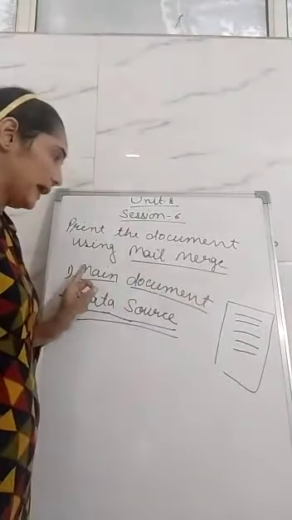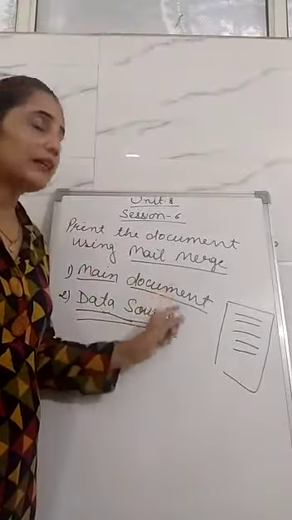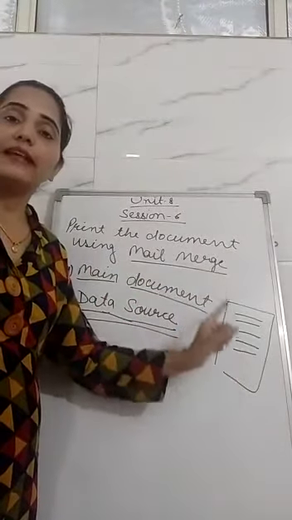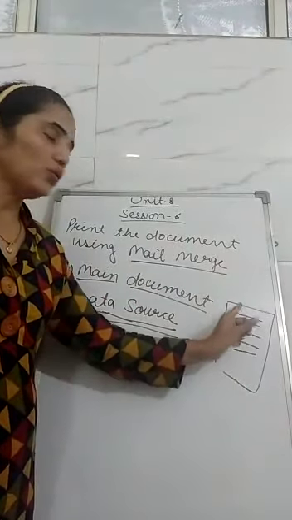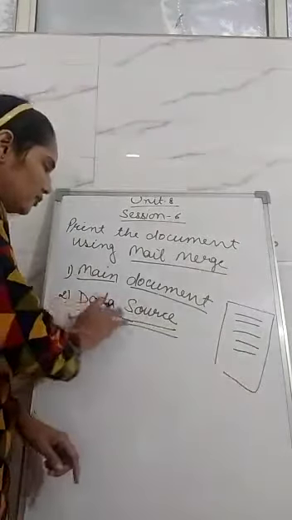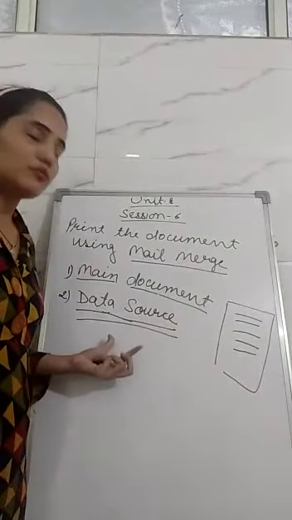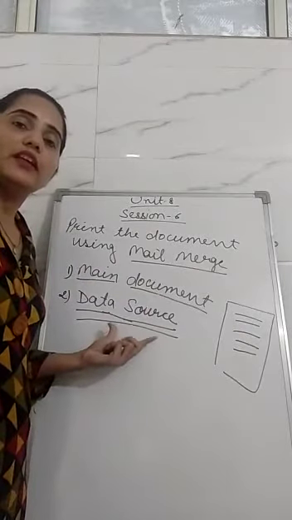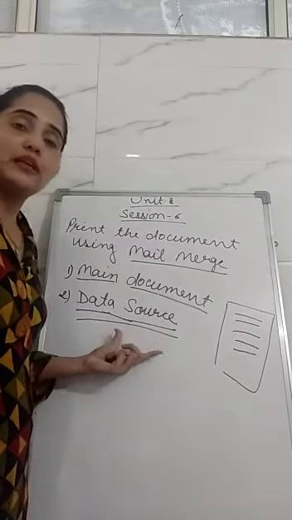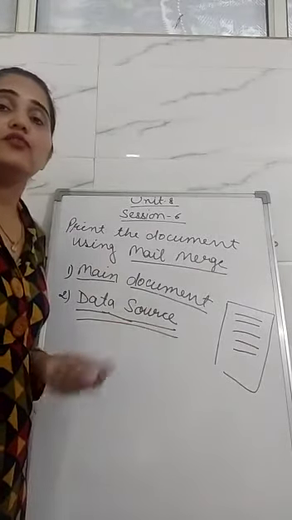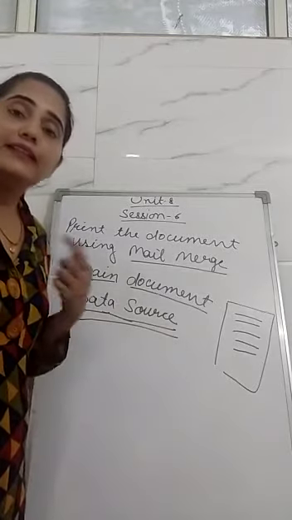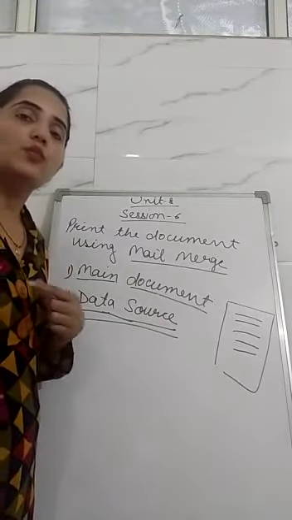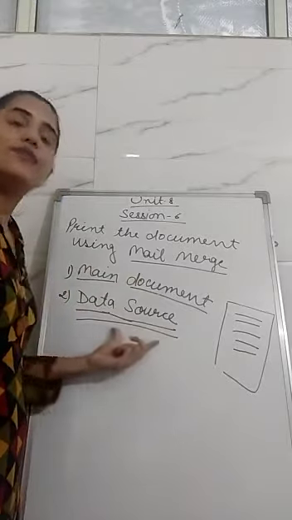First one is the main document, which contains the text that we want to send to all the recipients, and the second one is the data source, which will contain the name of the recipient, address of the recipients, and the phone number, country. It's up to us what kind of data we want to set, then we will feed it in the data source.